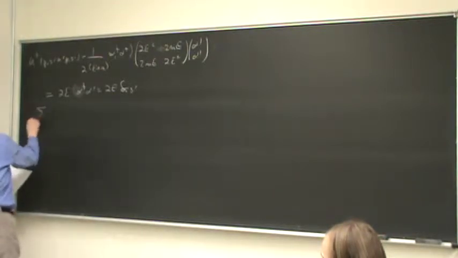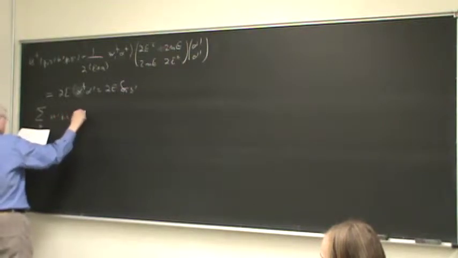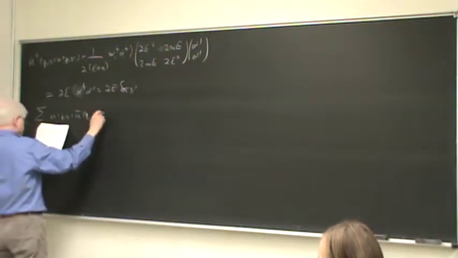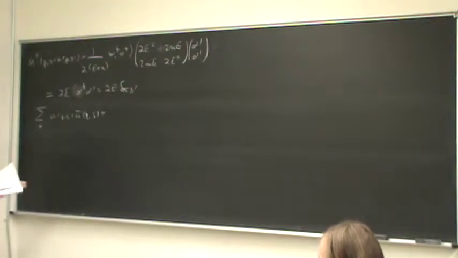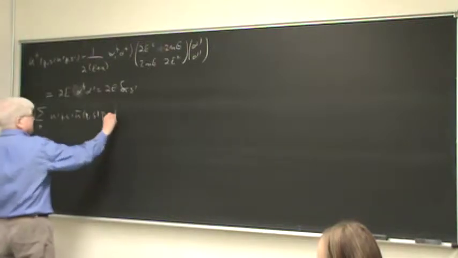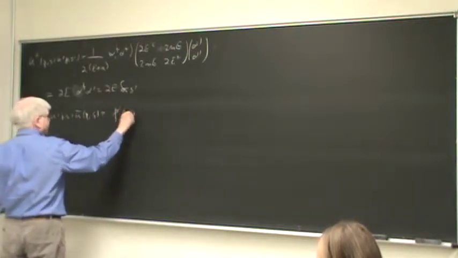One can also show what the sum of u of p and s, u bar of p and s is. And this turns out, I'm going to skip the details, to be p-slash plus m.